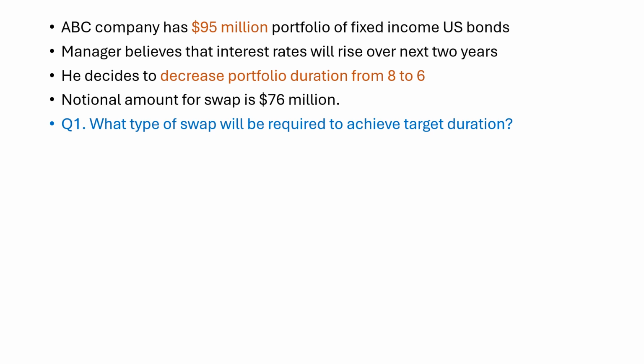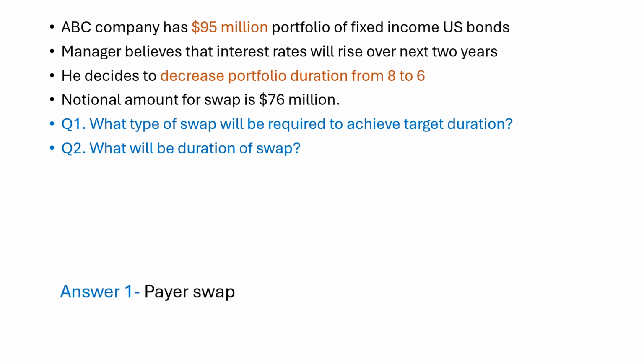The question is, what type of swap will be required to achieve the target duration, and what will be the duration of the swap? The answer to the first question is, we need to decrease the portfolio duration, so we need a negative duration, and the negative duration is from the payer swap. So that's why we need a payer swap.